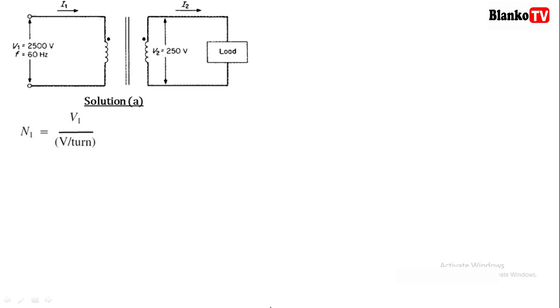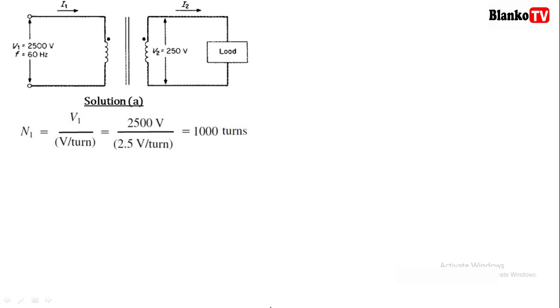So our V1 is 2500 volts over the V per turn is what? 2.5 volts per turn. So when you divide 2500 by 2.5, we are going to get 1000 turns.